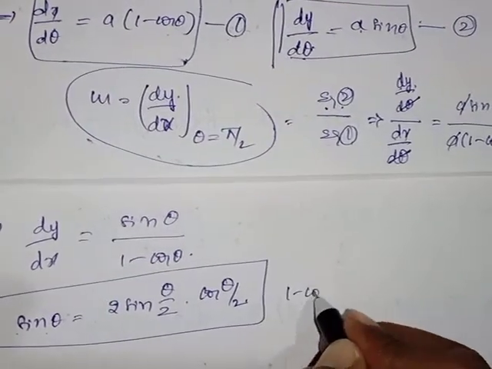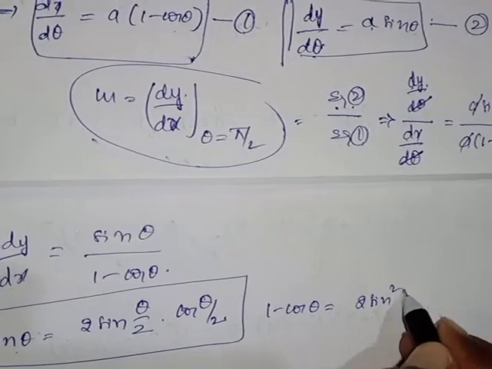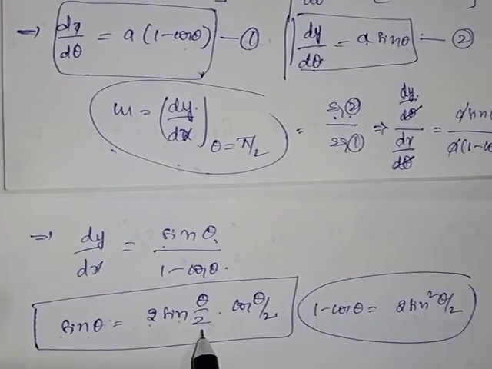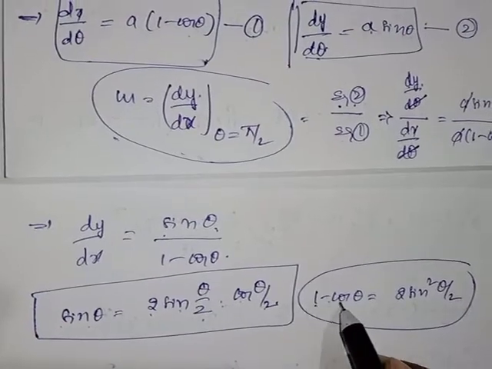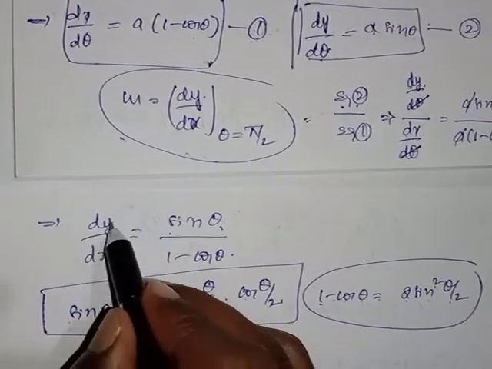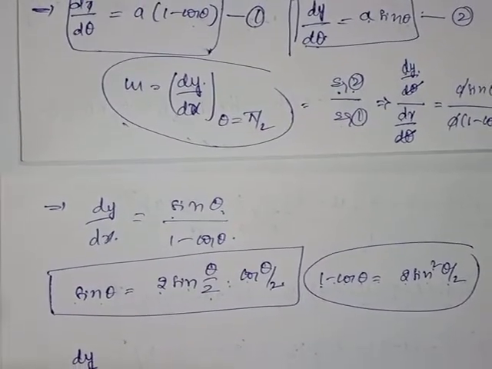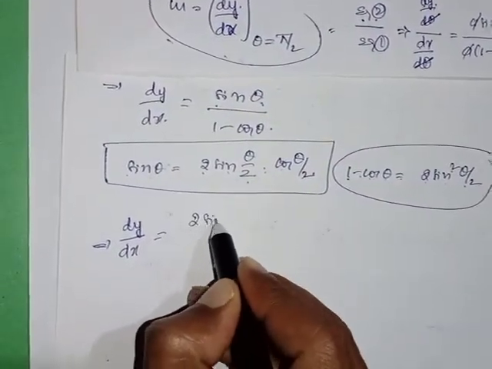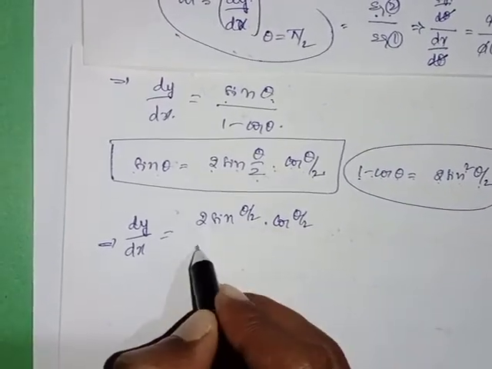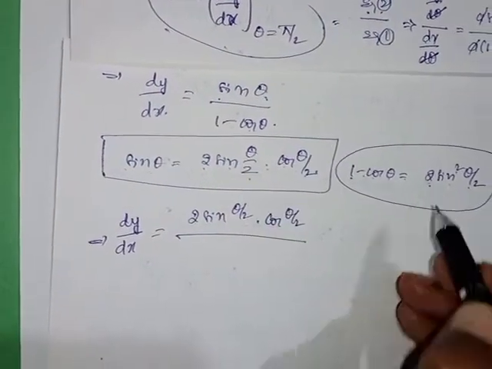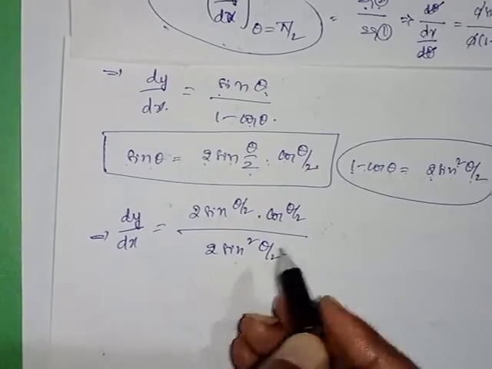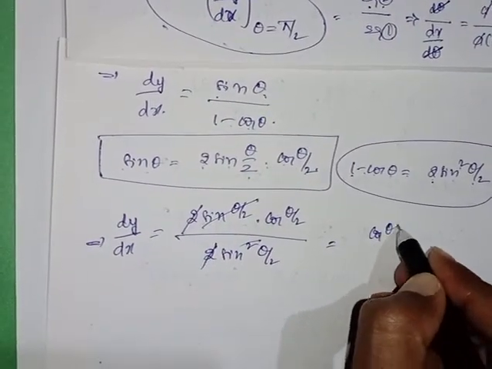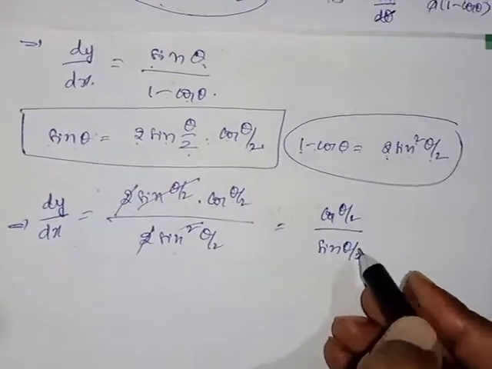At the same time, 1 − cos θ = 2 sin²(θ/2). Substitute these in the dy/dx value: dy/dx = 2 sin(θ/2) cos(θ/2) upon 2 sin²(θ/2). See here, 2 cancels, sin(θ/2) cancels, so that is equal to cos(θ/2) upon sin(θ/2).